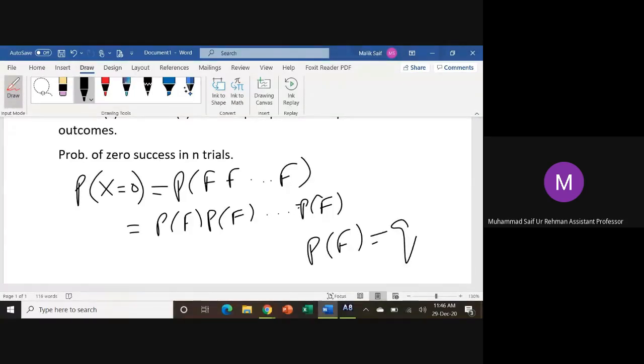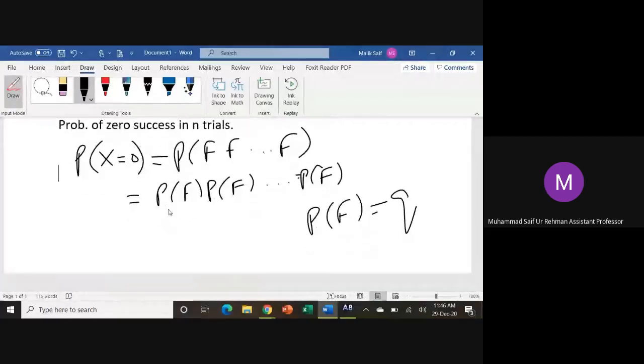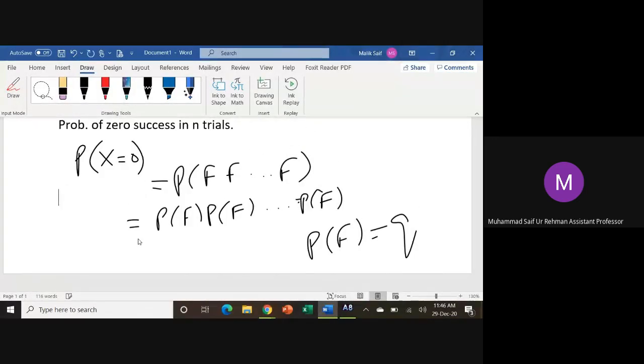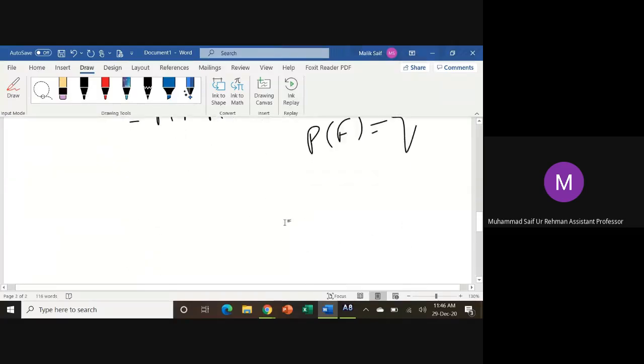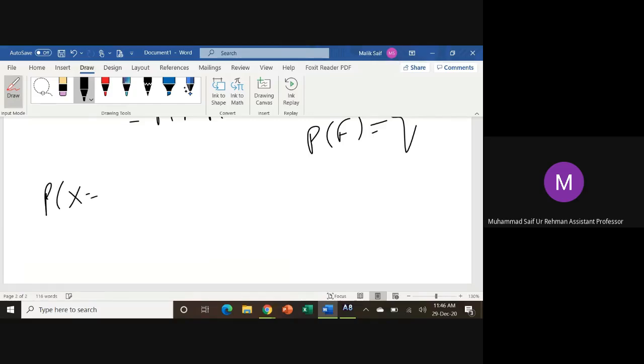So now if I say that the probability of failure is equal to Q, then how will you change this equation? This equation will become probability of X equal to 0.